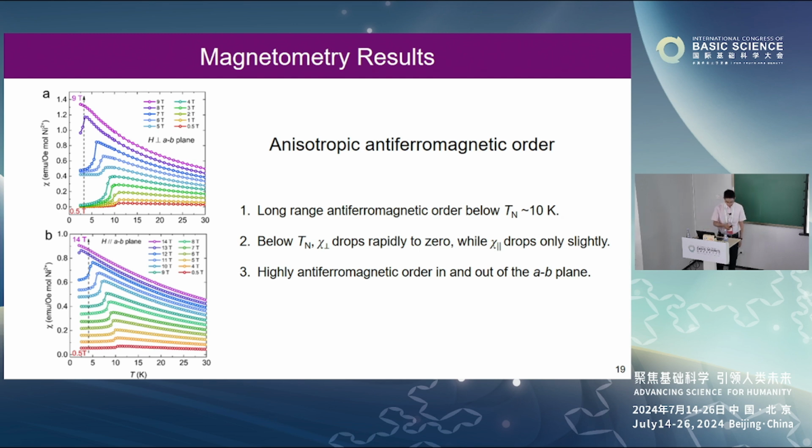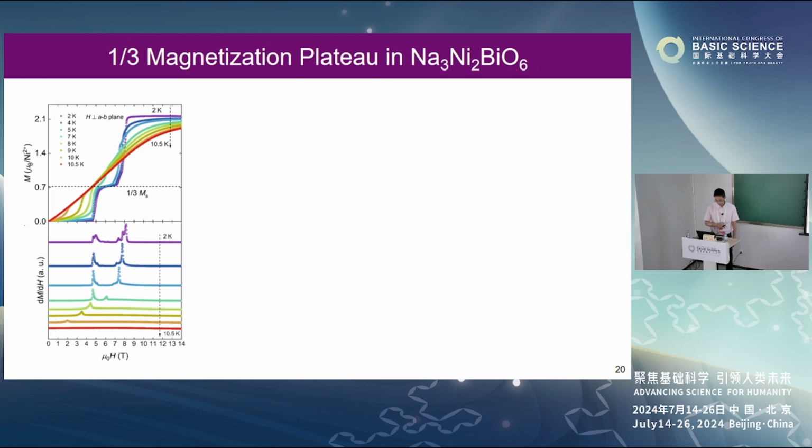So to look at these steps more carefully, we can measure magnetization as a function of field. We can obtain this kind of MH curve, and from this MH curve, we actually found these 3 steps more clearly.